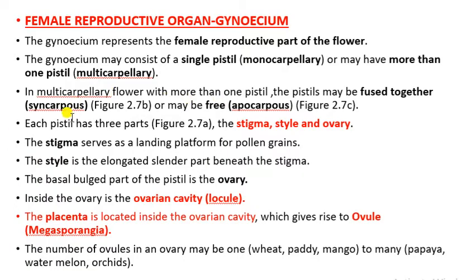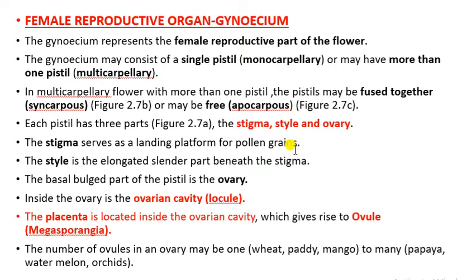Stigma is the landing platform for the pollen grains. The pollen grains are shed from the anthers and land on the surface of the stigma for fertilization.